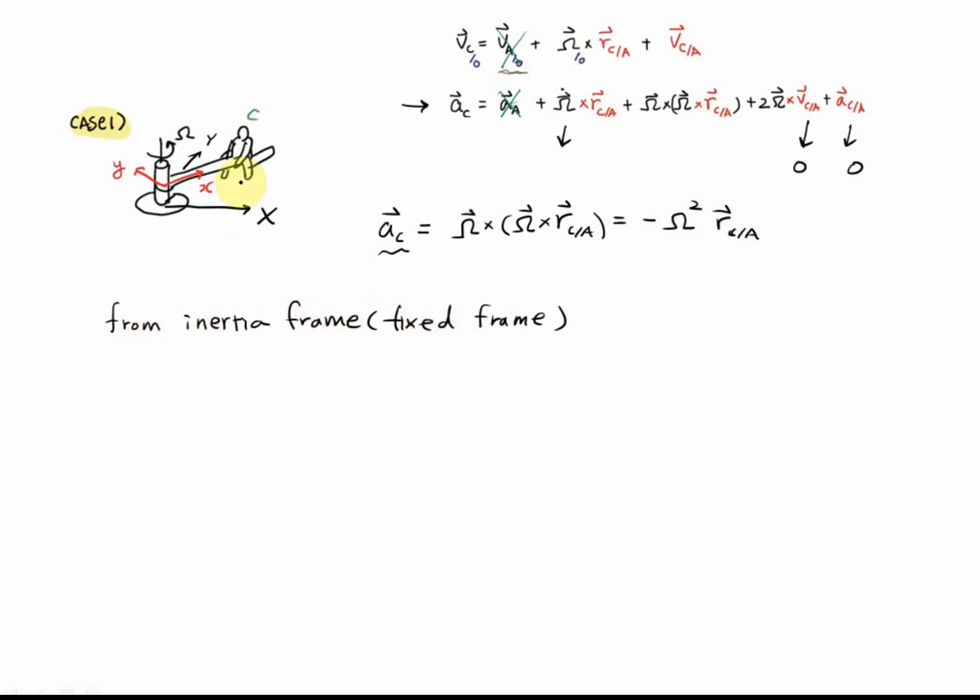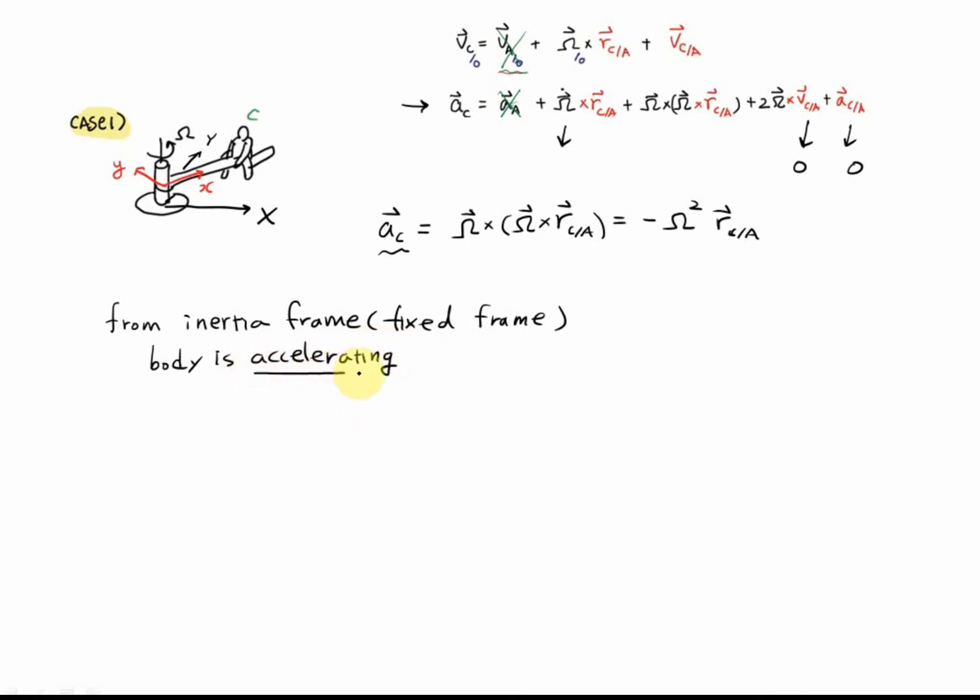Actually, it's because the body is rotating, okay? As long as a certain object is rotating, even though it is rotating at a constant angular velocity, your body is accelerating. Why? Because the direction keeps changing.